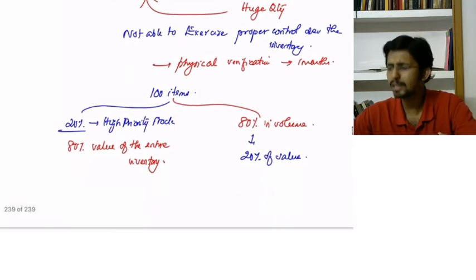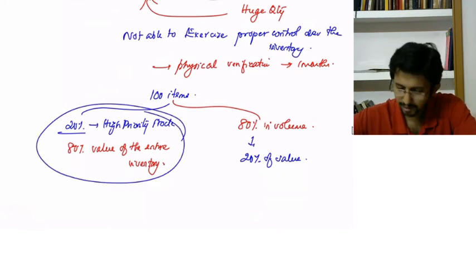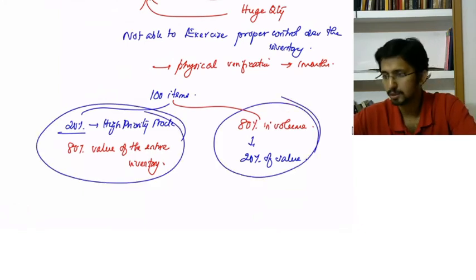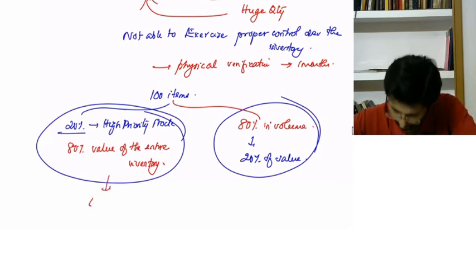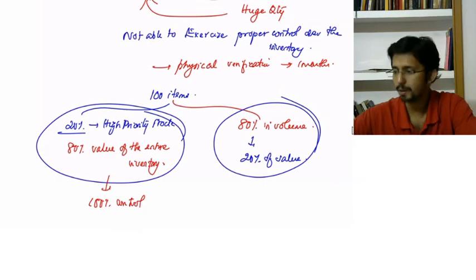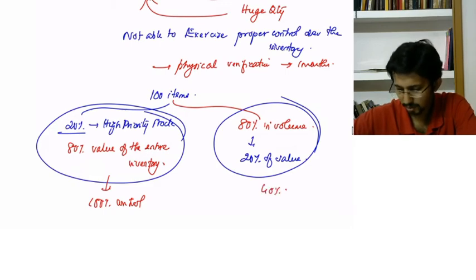Clear? This is a very common principle. If you have this differentiation or classification, you need to have 100% control over the high priority items, whereas you need to have only, let us say, 40% control over the rest.